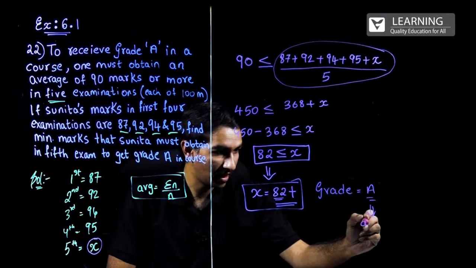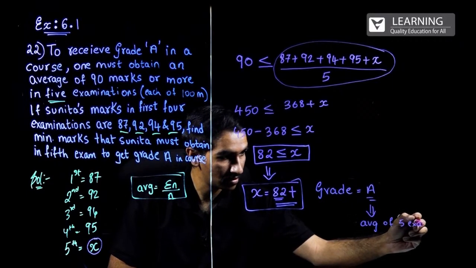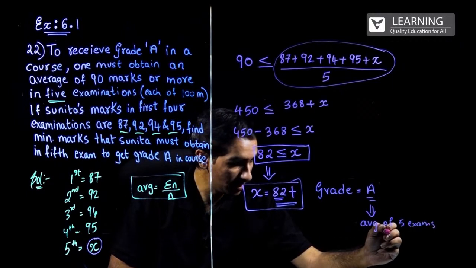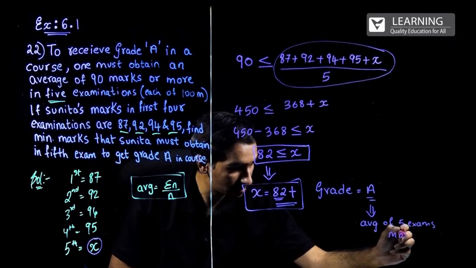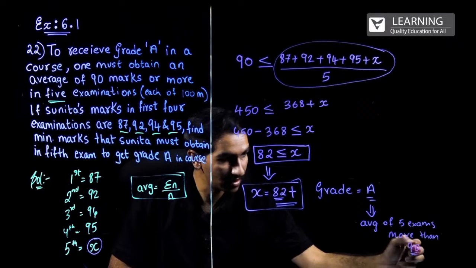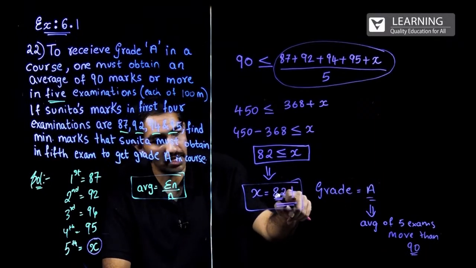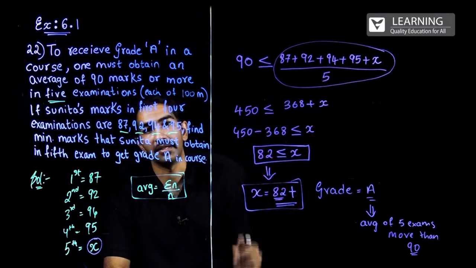Because the average of 5 exams will be 90 or more. So that is the reason her grade will be equal to A if she scores 82 marks or more than 82 marks in the 5th examination.